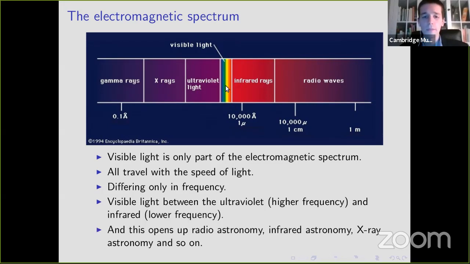So the visible light is really between the ultraviolet light, the high frequency, and the infrared light, the lower frequency, that Herschel discovered. And this opens up many other kinds of astronomy: radio astronomy, infrared astronomy, X-ray astronomy, and so on.